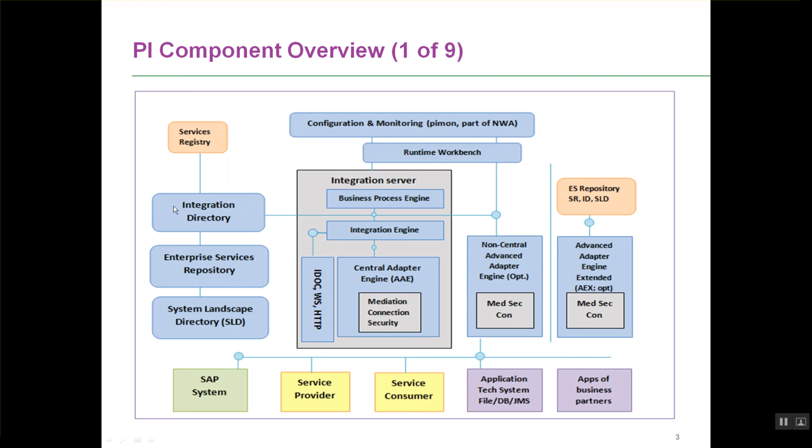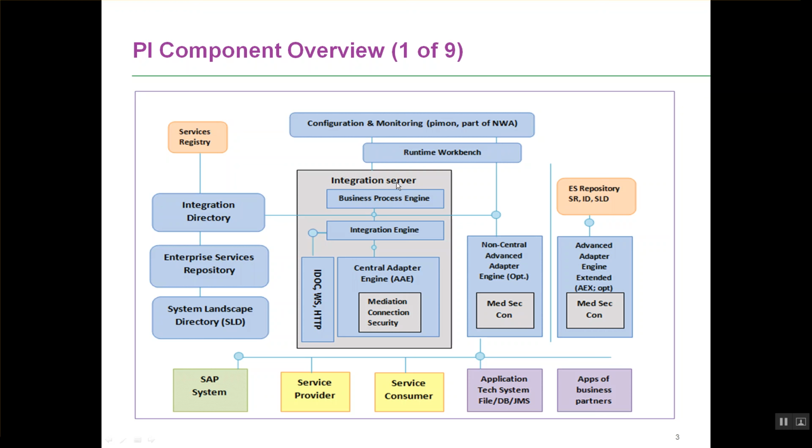Your integration directory is where you configure the interfaces, so this is your configuration time. And the integration server is the runtime. Enterprise service repository equals design time, integration directory equals configuration time, and integration server equals the runtime of PI.